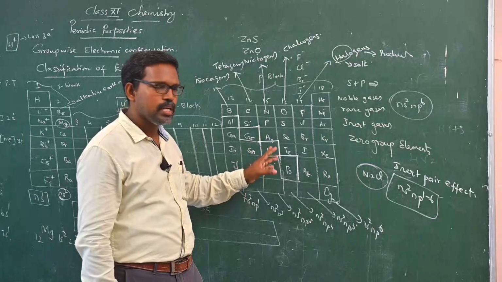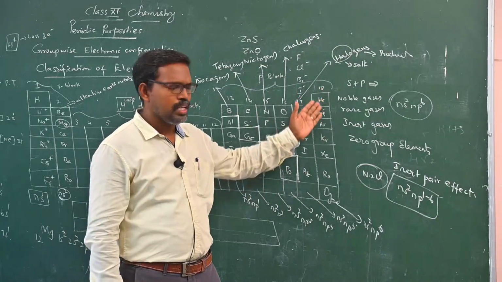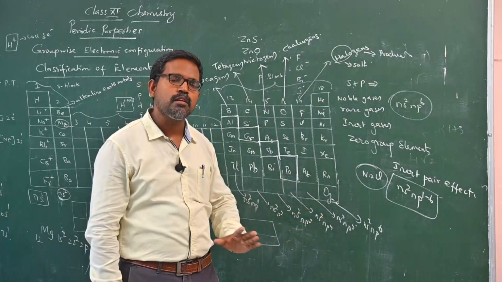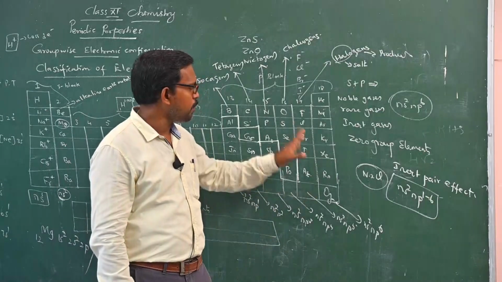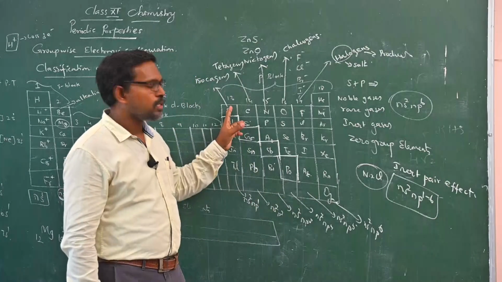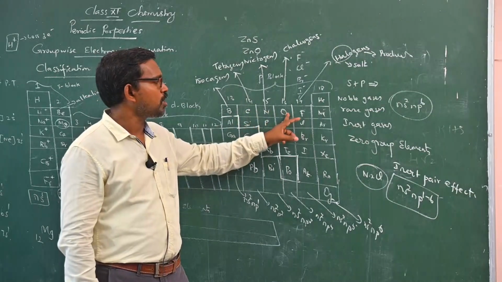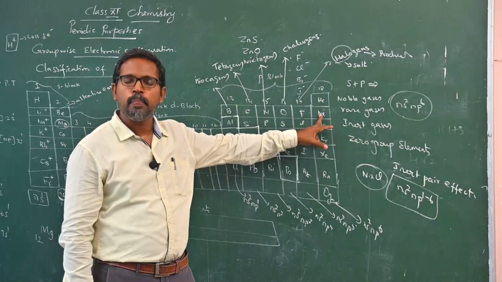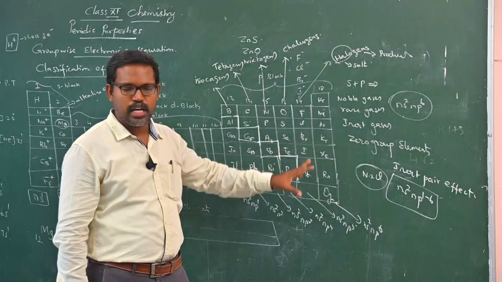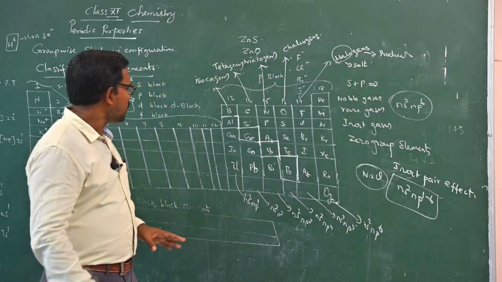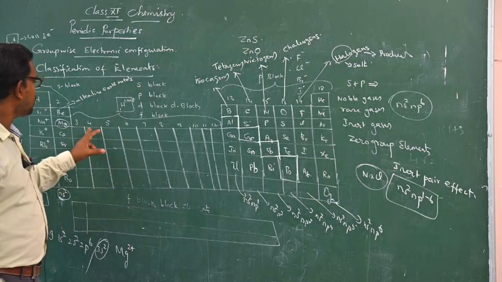Semi-metals: silicon, germanium. Non-metals: neon, argon, krypton, xenon. And explain each family, boron family, carbon family, nitrogen family, oxygen family, halogen family and inert gases and their special names. This is all about the p block elements.